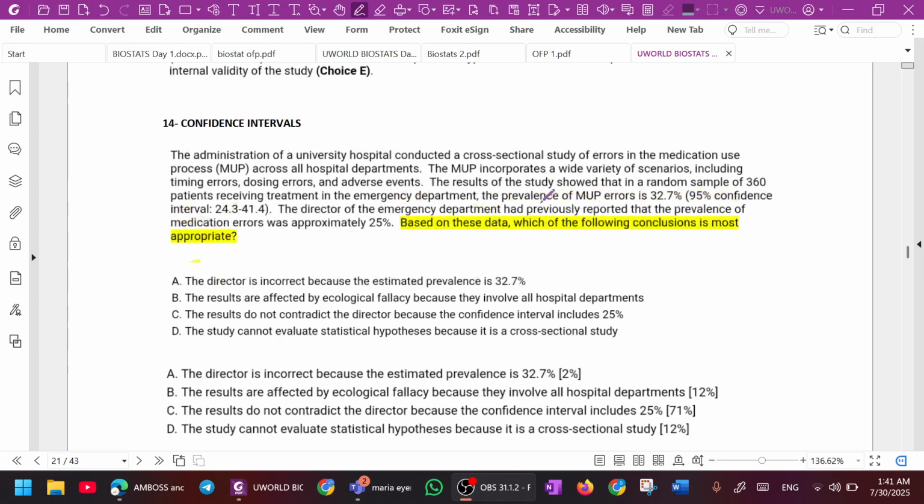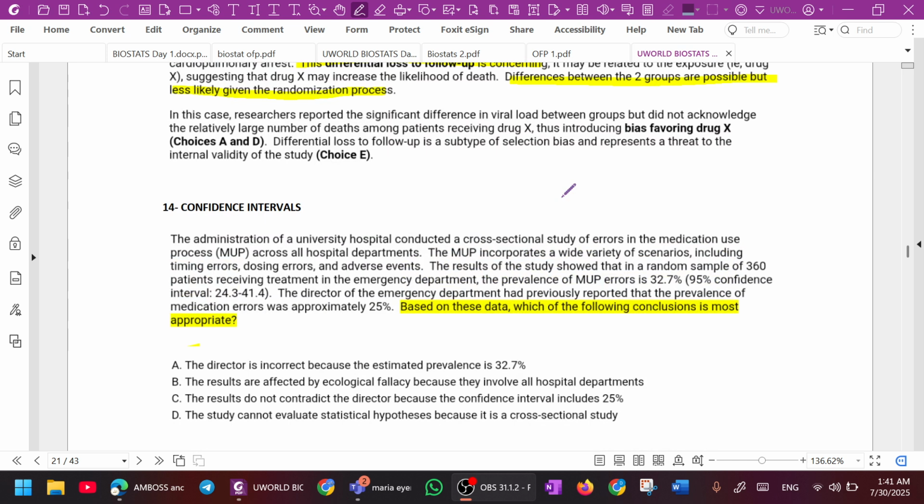Okay, confidence interval. The administration of a university hospital conducted a cross-sectional study of errors in the medication use process across all hospital environments.